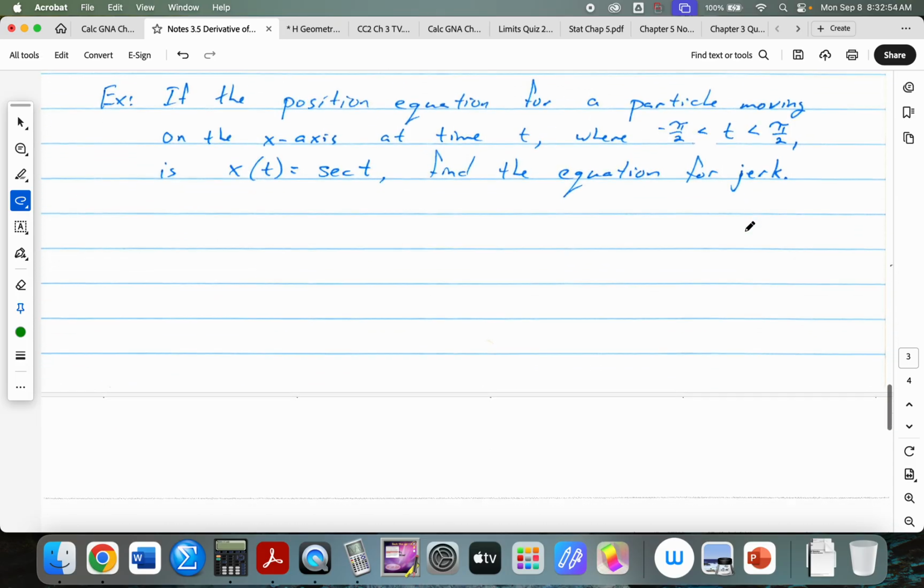So if the position equation for a particle moving along the x-axis at time t between negative pi over 2 to pi over 2 is secant of t, find the equation for jerk. So the velocity will be the derivative of secant, which is secant of t times tangent of t.